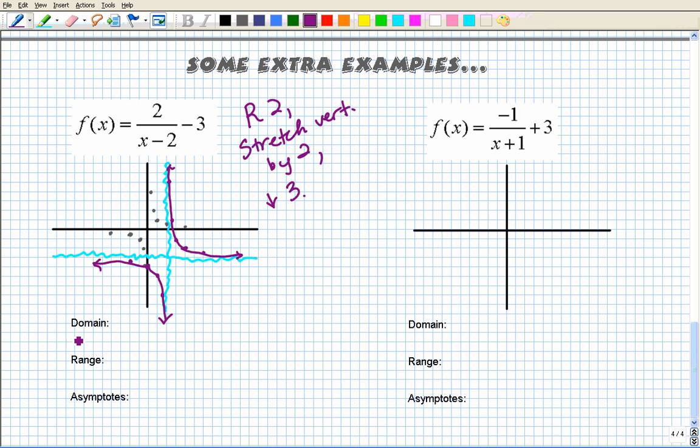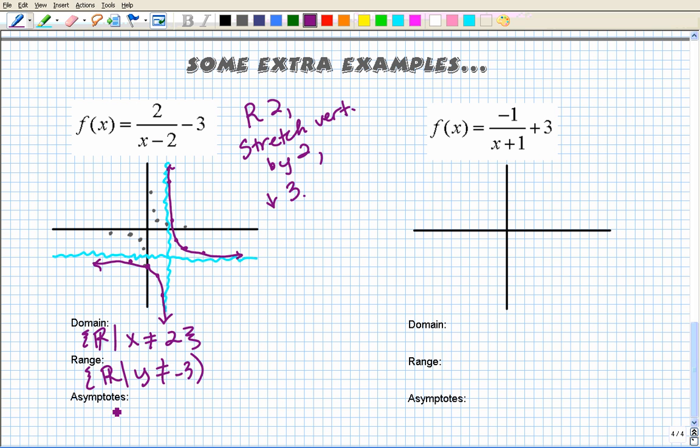For the domain, that will be the set of all real numbers where, and we just have to look at where the asymptote is. X cannot be equal to, and our asymptote is at 2, so x cannot be equal to 2. And then for the range, that'll be the set of all real numbers where's our asymptote at? It's at -3. So y cannot be equal to -3.